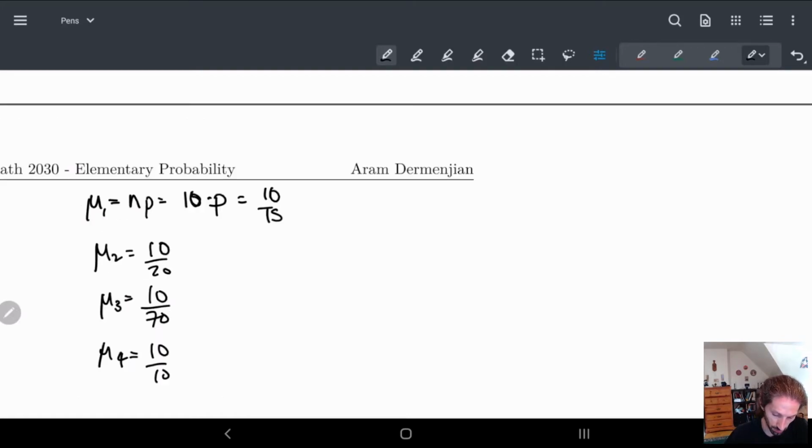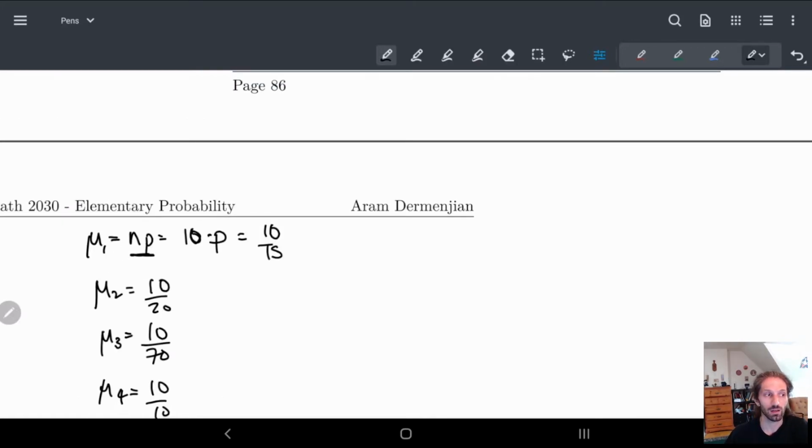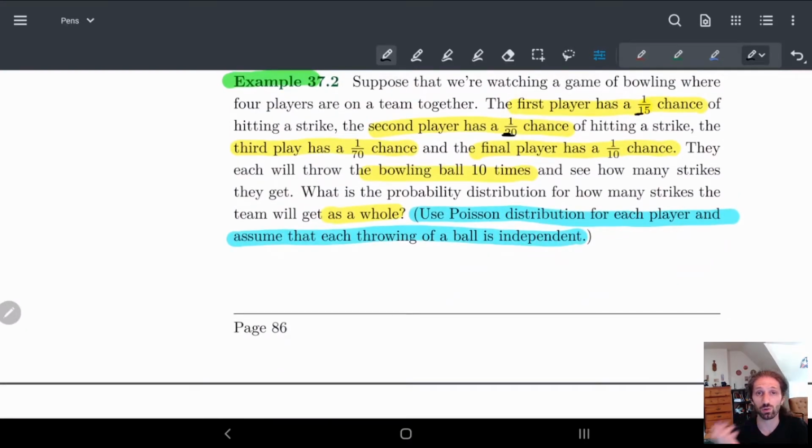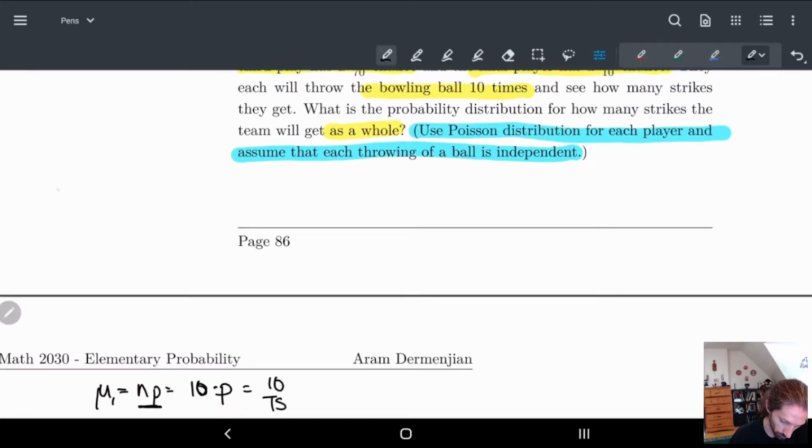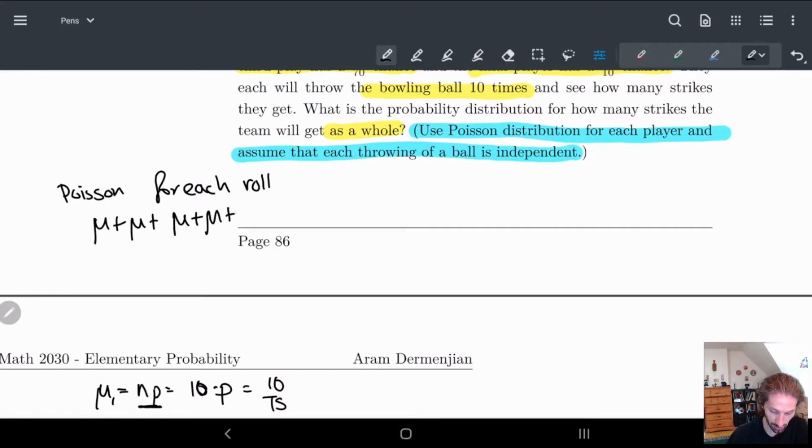So the question becomes, why are we multiplying here when we're not talking about the binomial distribution? The reason is that the Poisson distribution is for each individual roll. So when I sum up these things, Poisson for each roll, if I have mu for each roll, and I do 10 rolls, I need to do this 10 times, so I do 10 times mu.